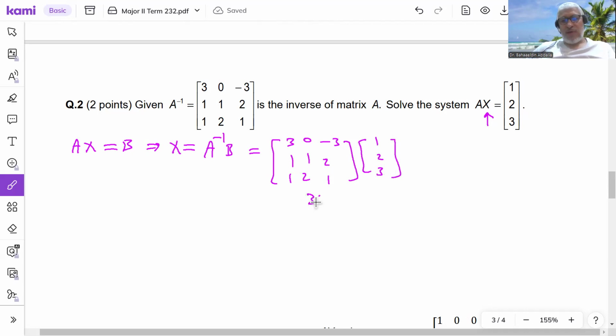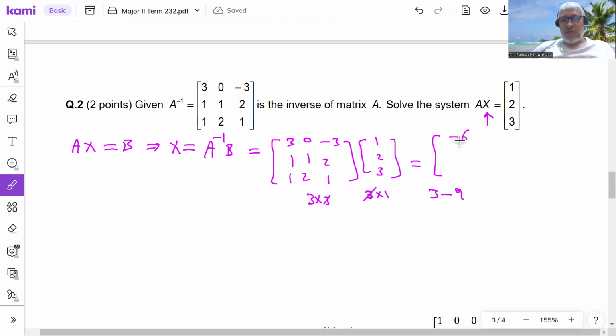This is a 3 by 3. This is a 3 by 1, 3 rows and 1 column. I can multiply them, and the answer would be 3 by 1. So it would give you the matrix X. 3 times 1, 3. 0 times 2, -3 times 3, -9.